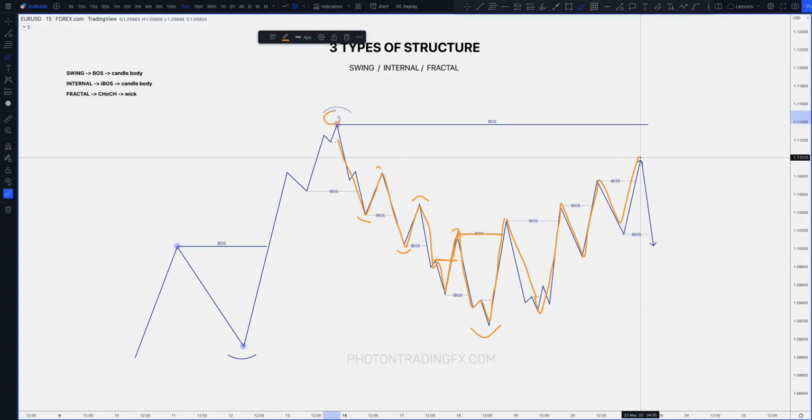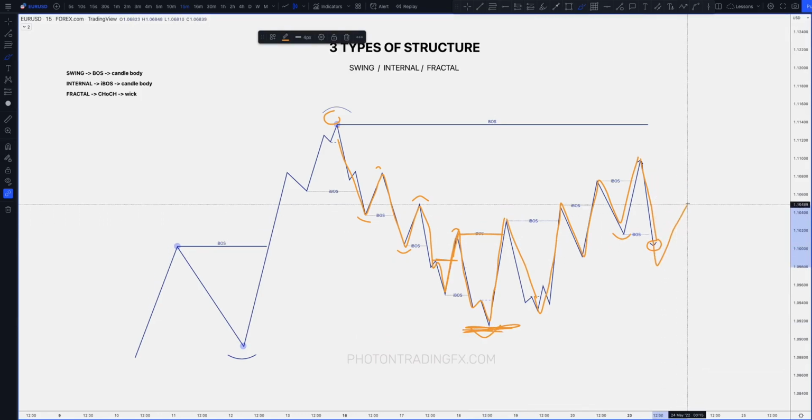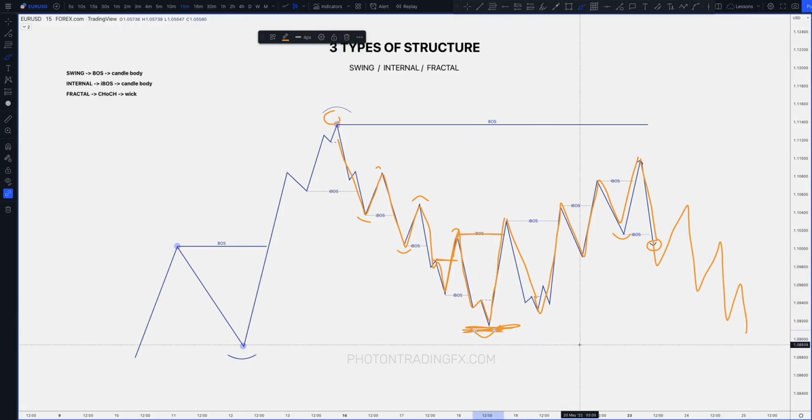If that doesn't happen, and then we get that bearish IBOS where we break the larger internal higher low to form an internal lower low, now we assume that that run failed to do its job. So now this low becomes weak, and we can now expect that bearish internal structure to hold, to make a series of larger internal lower lows and lower highs until this low breaks. Okay? And then again, if this swing low still may hold, then that can happen, and then we can do this, or maybe we'll switch bearish, who knows.